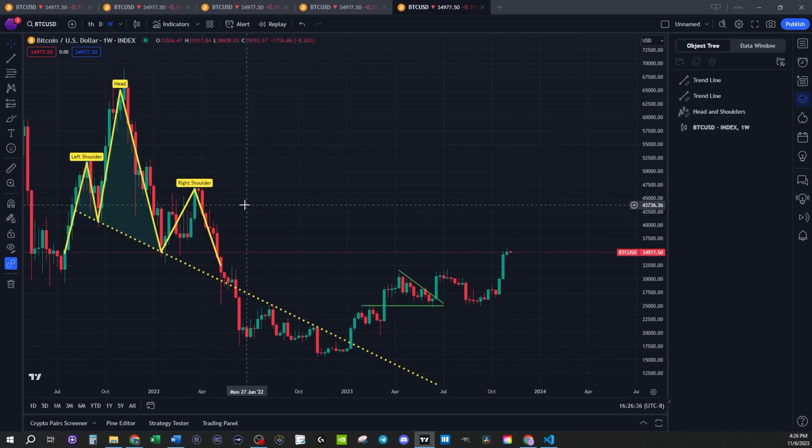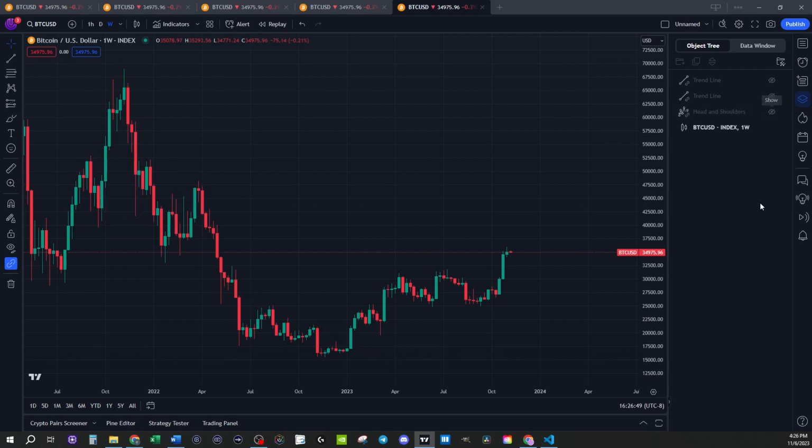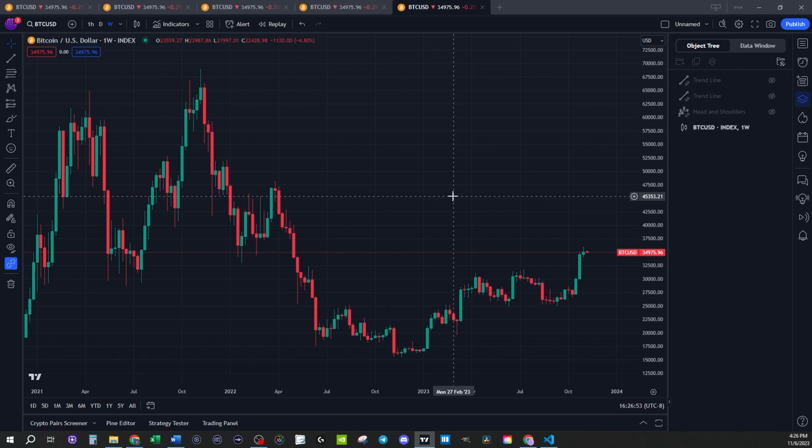So instead of just keeping everything here, you go over to this little object tree, and anything you have here, you can hide it and bring it back only when you need it. It keeps things really clean, and it keeps your charts nicely organized. And you can rename any of your trend lines, any of your patterns, just so it suits you and keeps your head in the right place.